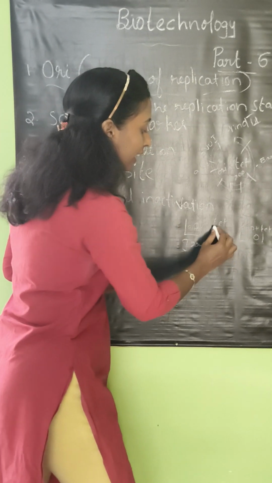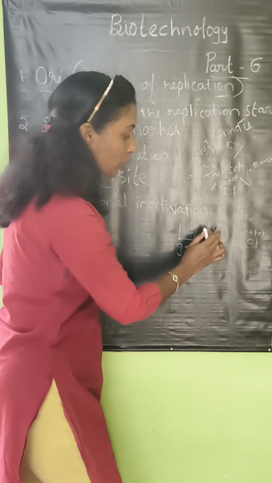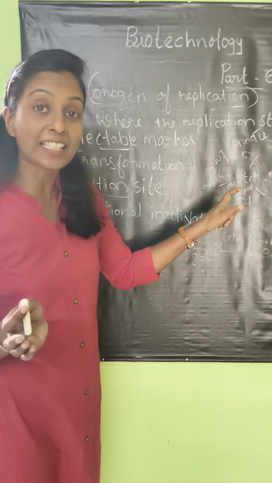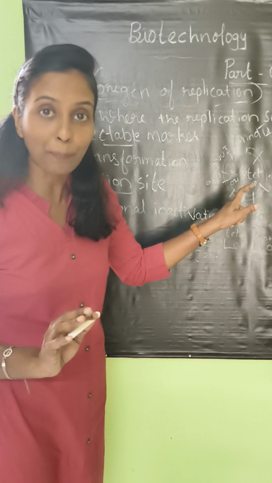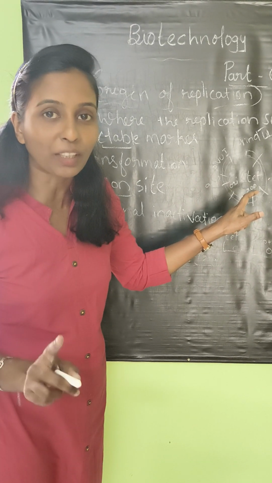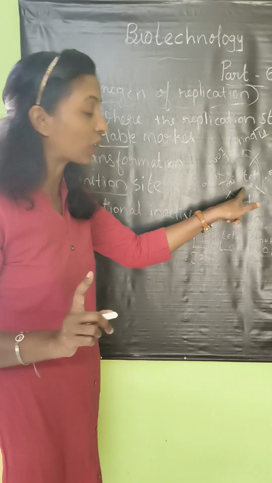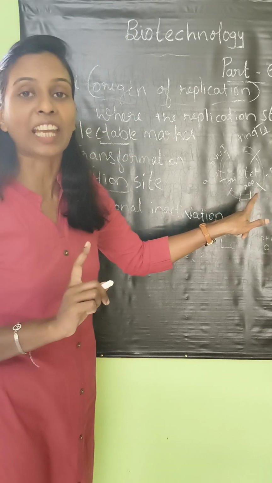In the second culture plate, tetracycline is there. Tetracycline resistance is already removed and our gene of interest is there, so whether it grows or not, you can understand: tetracycline resistance is not there in the rDNA, so it cannot grow.